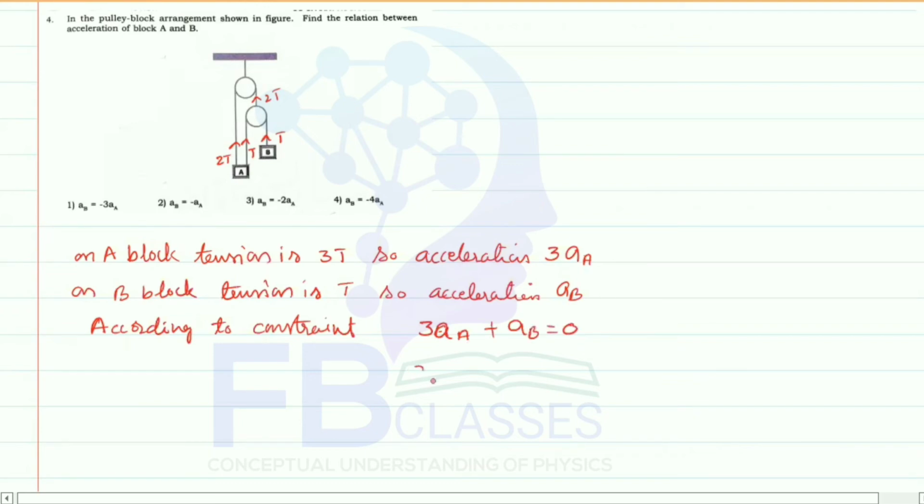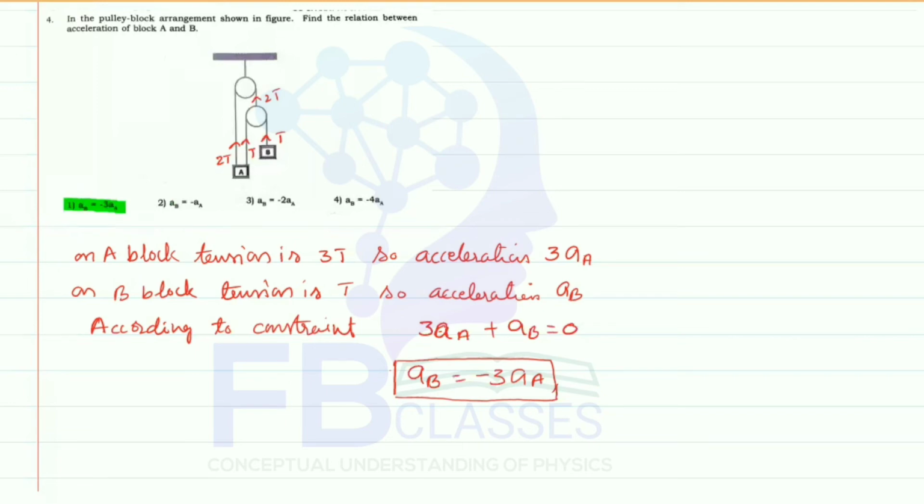Yes or no? Now AB is equal to minus 3AA. So that is our answer. So in the options, our first option is the correct option.